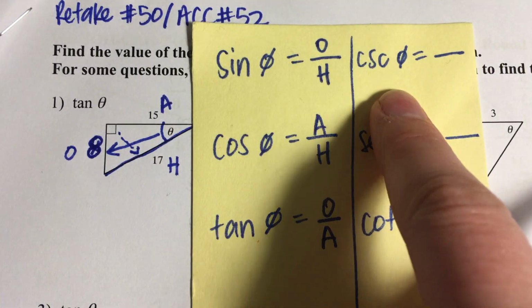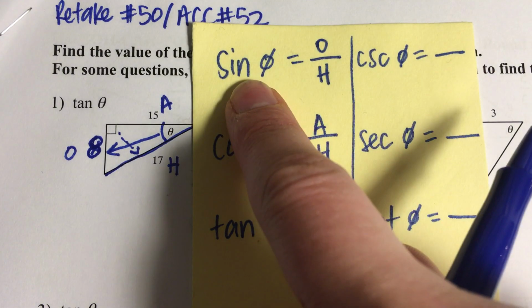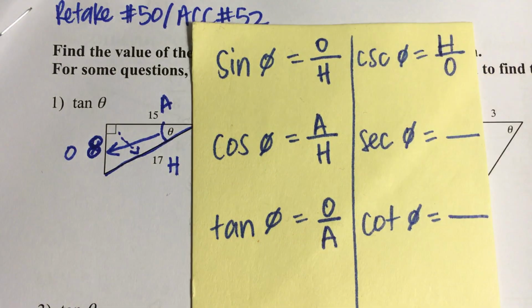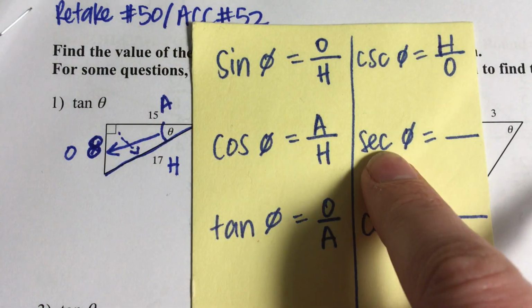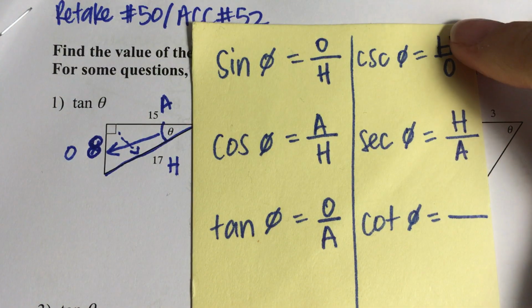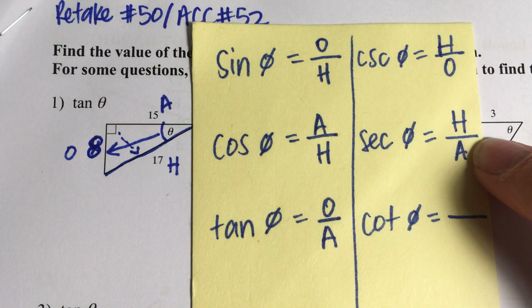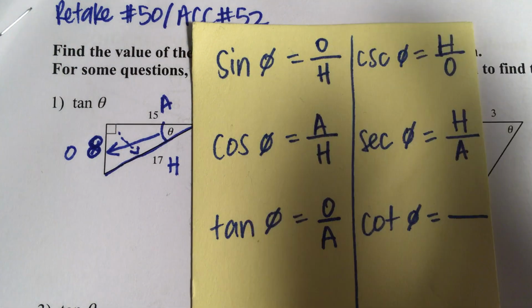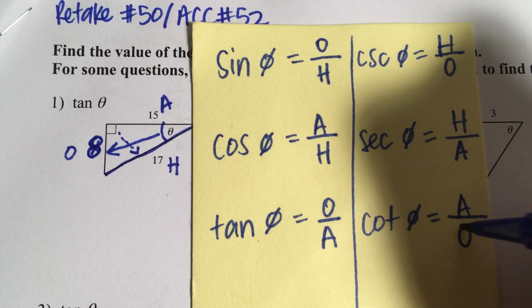Each of these has a reciprocal fraction, so sine goes with cosecant, which would be H over O. Cosine goes with secant, so it would be H over A. And then tangent, the reciprocal of this, is A over O.